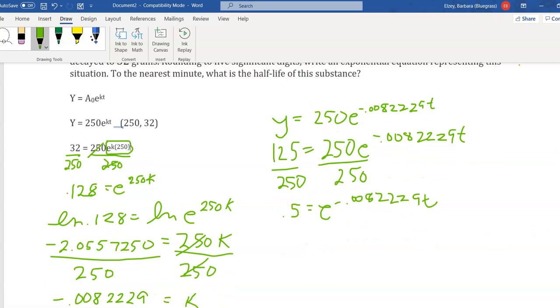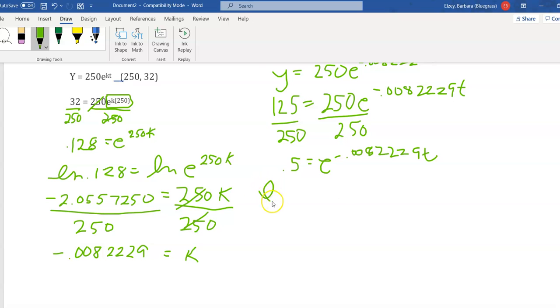Now, let's apply the natural log on both sides. On the left, let's put the natural log of 0.5 into the calculator. That is negative 0.693142.